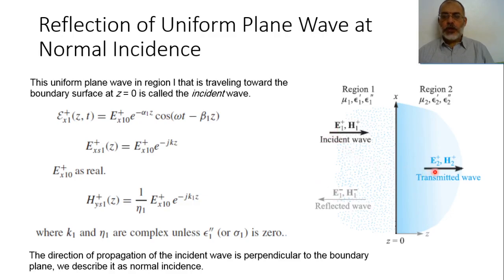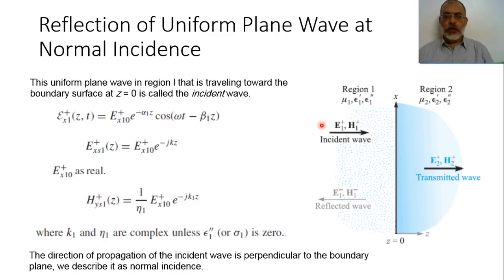And the ratio between E2 plus to E1 plus, we are going to call the transmission coefficient. So our plan is to determine the reflection coefficient and the transmission coefficient, or in other words, E1 minus in terms of E1 plus and E2 plus in terms of E1 plus.